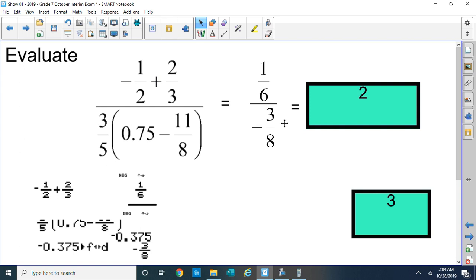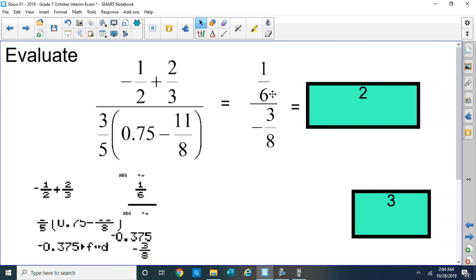Now we have a division problem still. It's a fraction that's complex. It's not as funny looking as that. So all we have to do now is just multiply the first numerator by the reciprocal of the denominator, because a complex fraction is really a multiplication by the reciprocal problem.